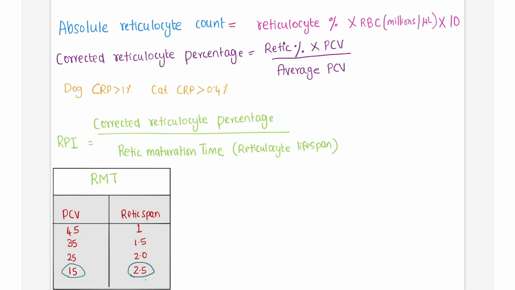So this time is going to be long if the anemia is severe.